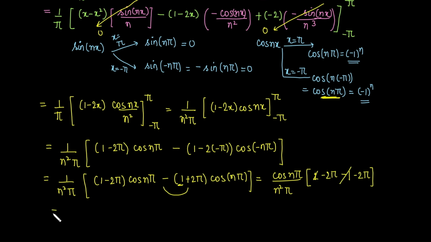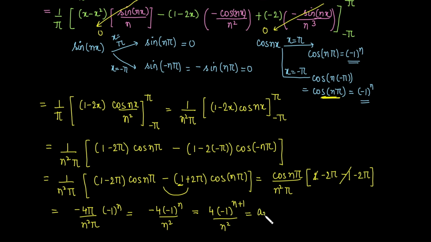So finally we have, this is minus 4 pi by n square pi and cos n pi is minus 1 raised to power n. So we can write this is equal to minus 4 into minus 1 raised to power n by n square, because this pi is cancelled with pi. This is also written as 4 times of minus 1 raised to power n plus 1 upon n square. In this case, the value of an is equal to this.